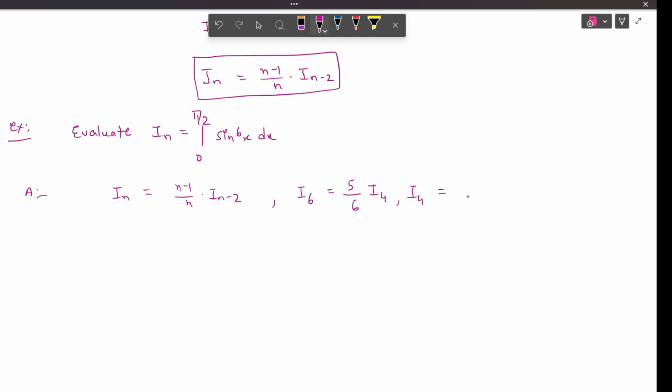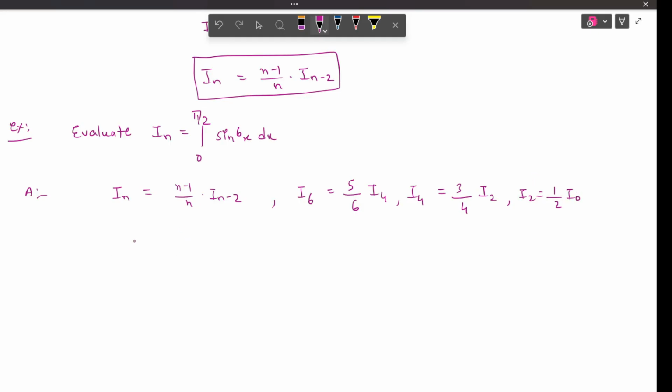I4 would be 4 minus 1, that is 3 by 4, into I4 minus 2, that is I2. Now you need the value of I2. So I2 would be 2 minus 1, that is 1 by 2, into I2 minus 2, that is 0. So I0.